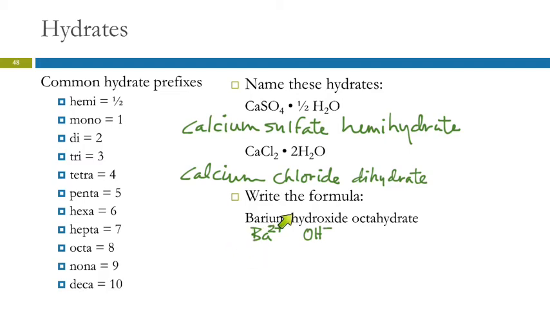We need to have the ion formulas with their charges, because then we look at the charges and that tells us we need 2 hydroxides. So that's 2 of a polyatomic ion. We put it in parentheses, put the 2 on the outside. Octa means 8, so dot 8 H2O. Barium hydroxide octahydrate. Any questions?